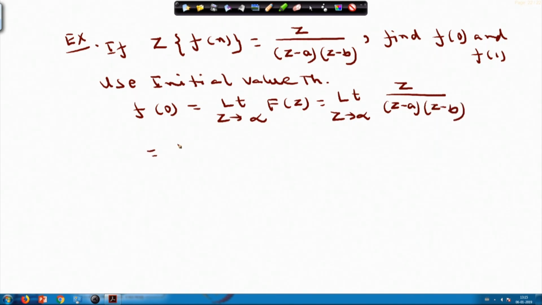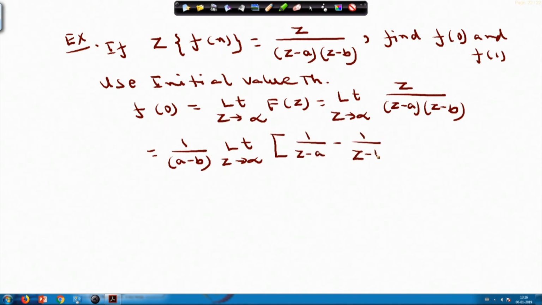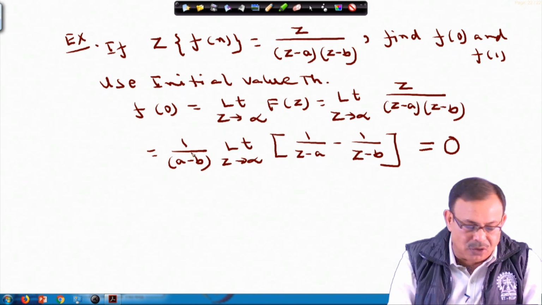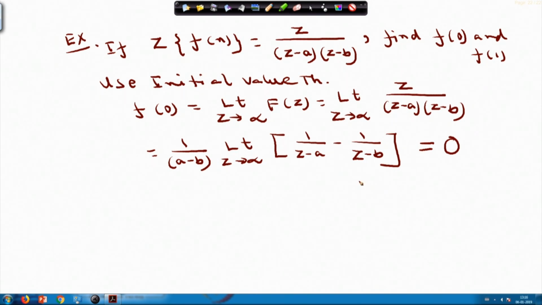If you break it, you will obtain 1 by (a minus b) into limit z approaches infinity of [1 by (z minus a) minus 1 by (z minus b)]. Both the limits will be 0. Limit z approaches infinity of 1 by (z minus a) will approach 0. Also limit z approaches infinity of 1 by (z minus b) will also approach 0. So, the value is 0. Therefore, simply using the initial value theorem, the value of f 0 is 0.